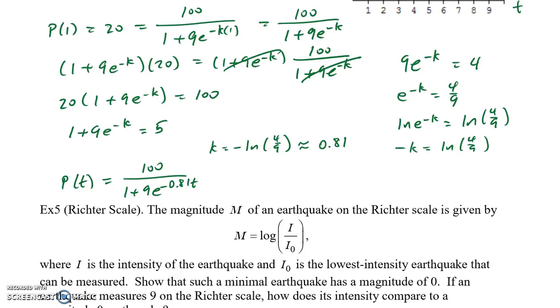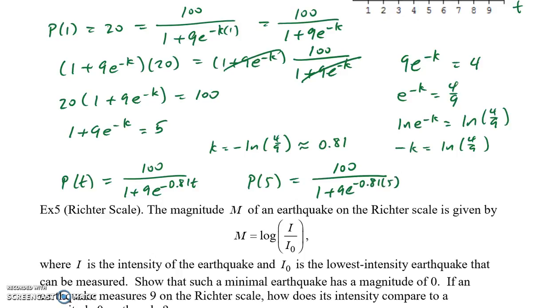Now what we want to do is determine what's the predicted population after 5 years. That would be P of 5. And using the model I just wrote, 100 over 1 plus 9 e to the minus 0.81 times 5.